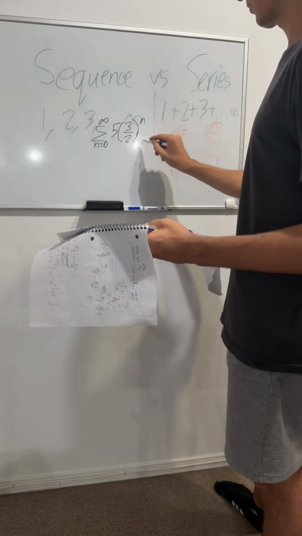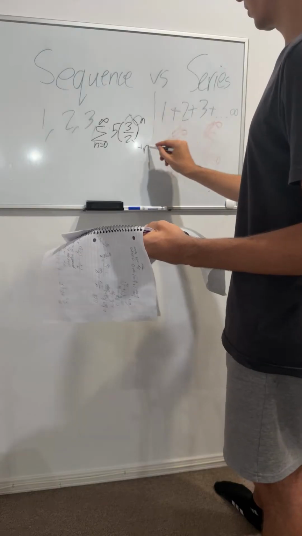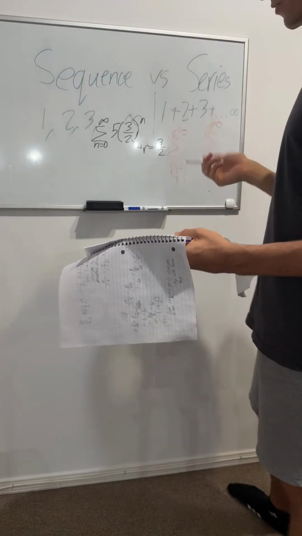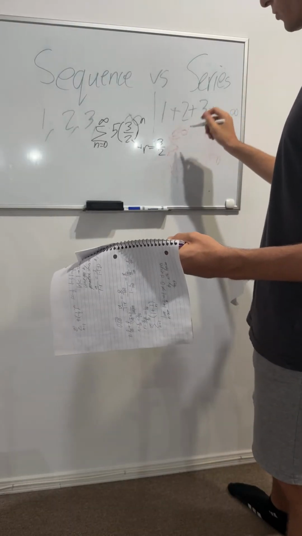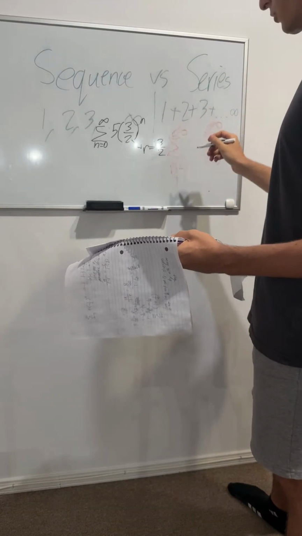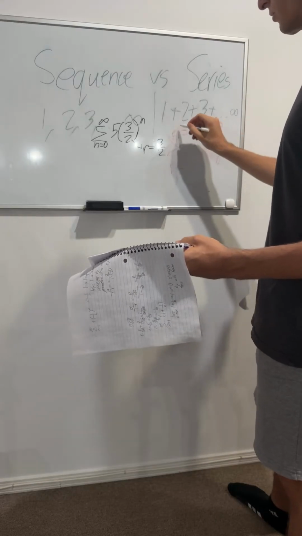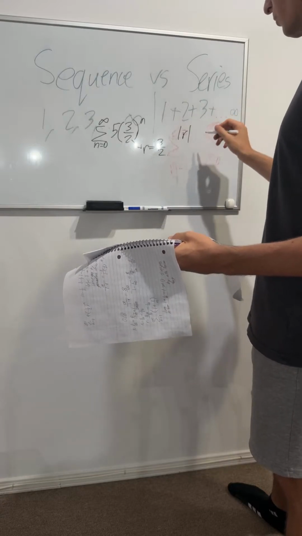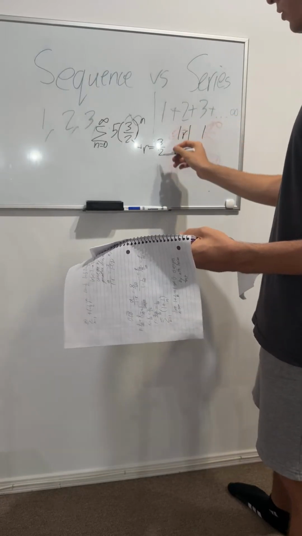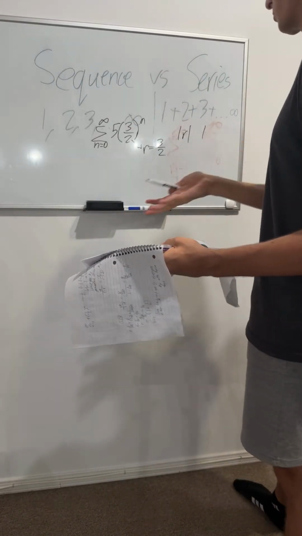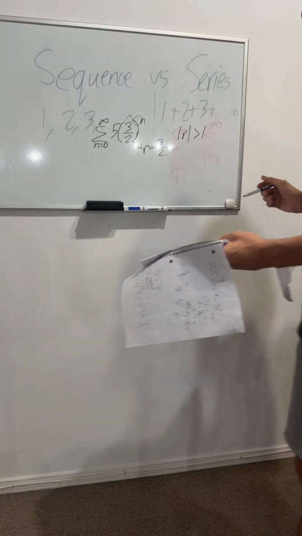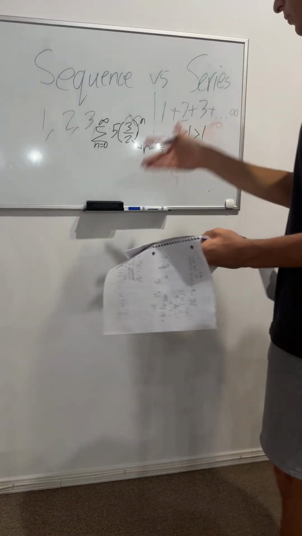And then we know our r equals 3 over 2. Okay, so to prove convergence or divergence, we gotta use the geometric series test. The geometric series test says, get your r, put it into absolute value, and compare it to 1. So 3 over 2 inside absolute value is still 3 over 2. It's positive, remains positive. So 3 over 2 is greater than 1. Well, what does that mean? Since it's greater than 1.